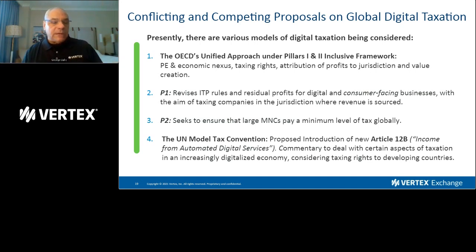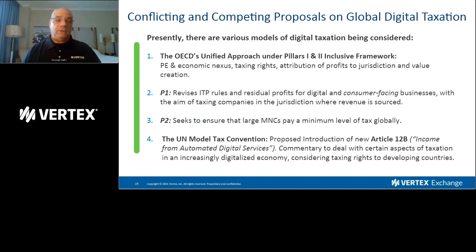The only problem that you see between these two competing global digital tax regimes is that the OECD unified approach is global, and it is called inclusive, but it's actually created by the most economically developed countries in the world: the US, France, the European Union, and of course, China is not a part of the OECD, but it is part of the inclusive framework.